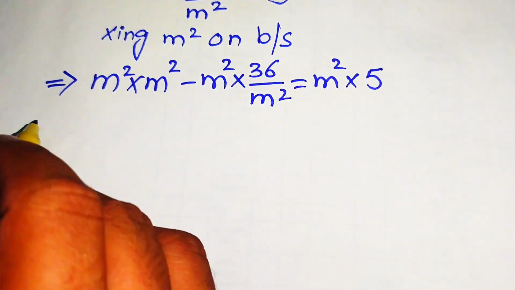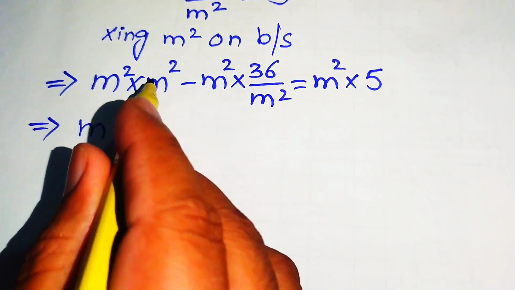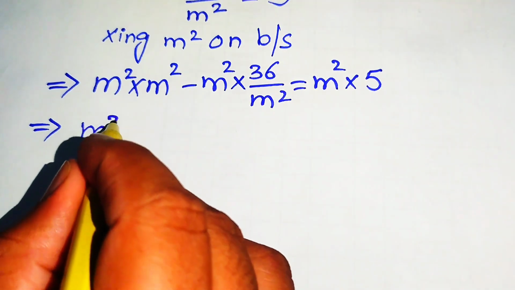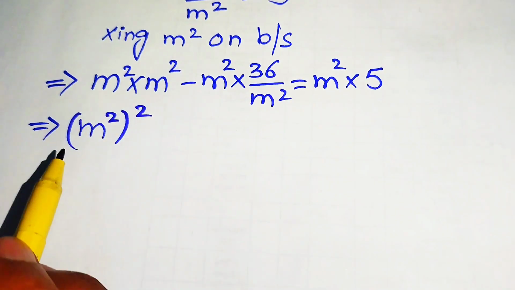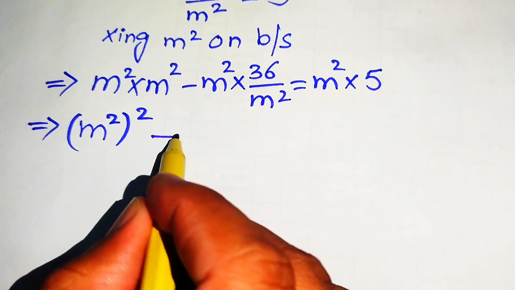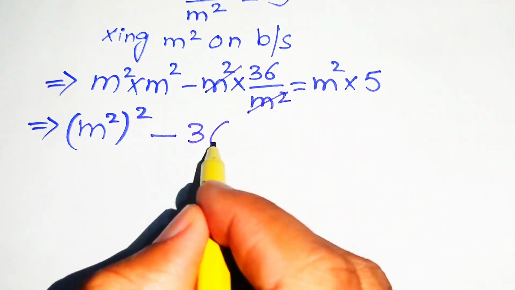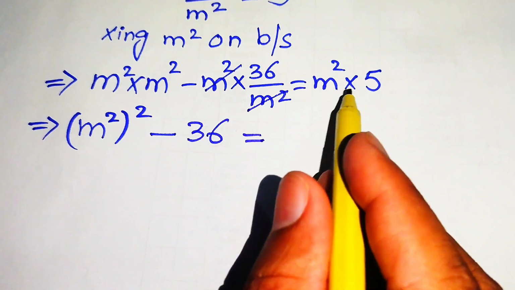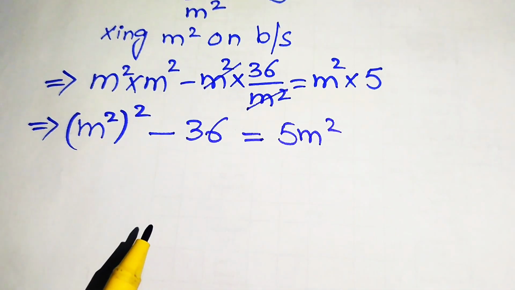In the next step, we simplify this equation and now we write m square multiplied by m square as m square and its whole square, minus this m square is cancelled out by this m square and we get 36, and it equals 5 times m square.